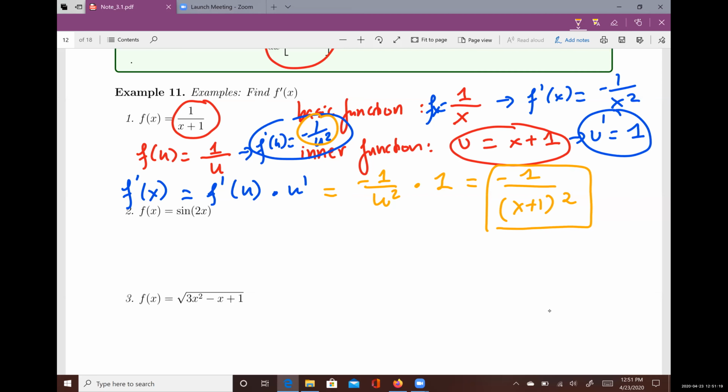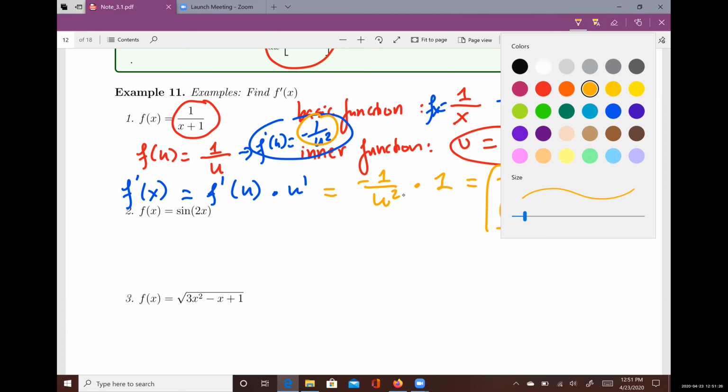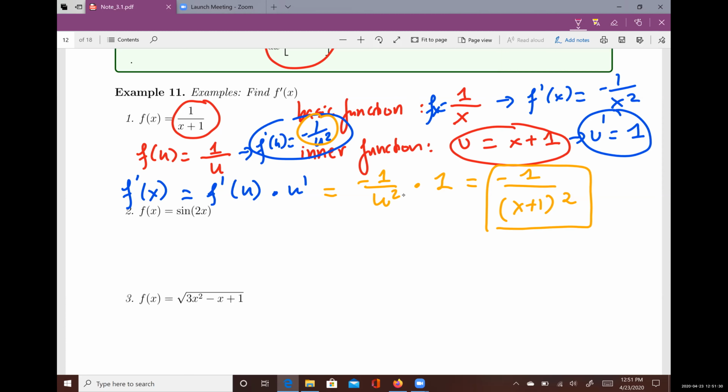All right, now go to the next question, the next example. In this example, I want to find the derivative of the function sine of 2x.